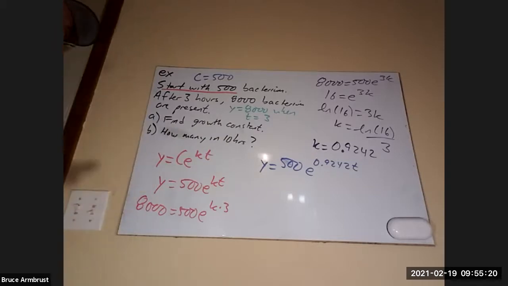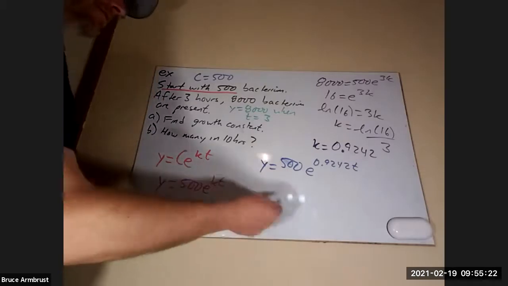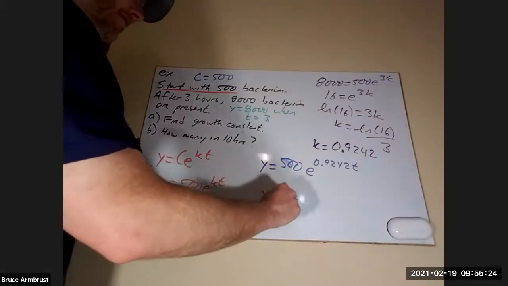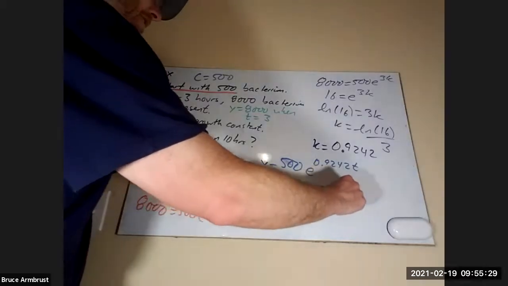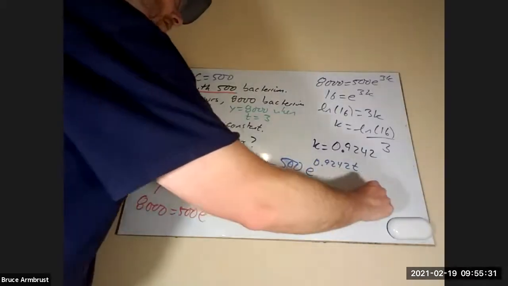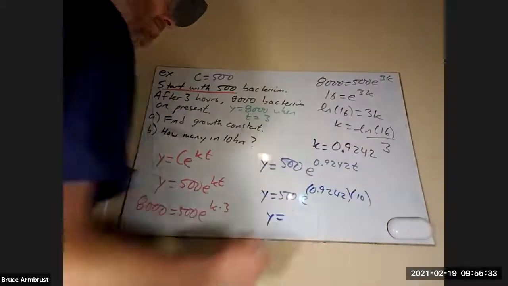So for the second part, where it's how many do we have in 10 hours? We plug in 10 for our t, 500 e to the 0.9242 times 10.